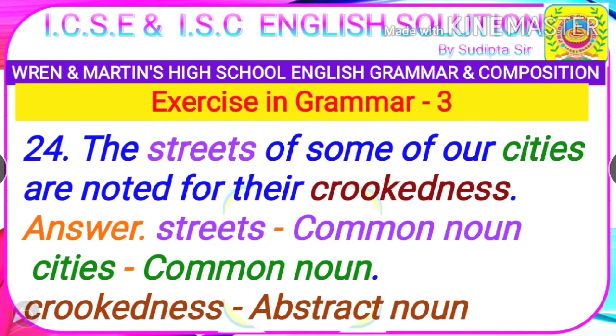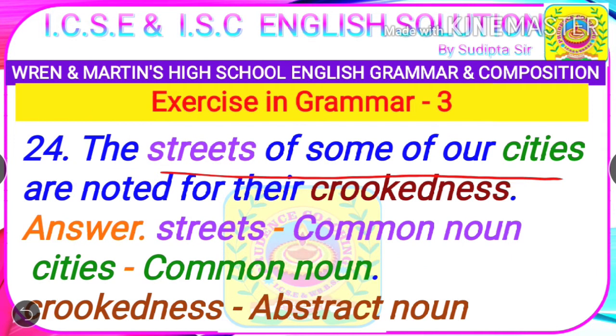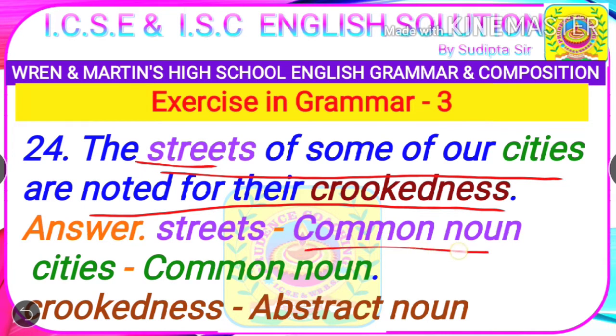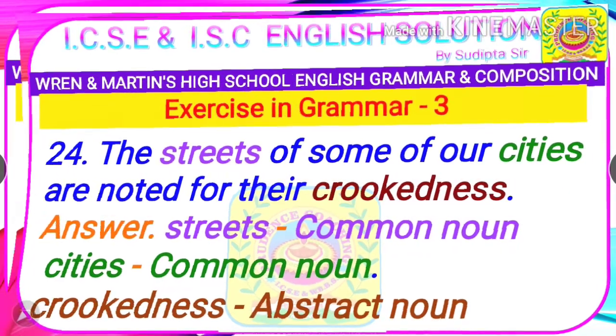Number 24. The streets of some of our cities are noted for their crookedness. Here streets is a common noun, cities is also a common noun, and crookedness is a kind of quality. That's why it is an abstract noun.